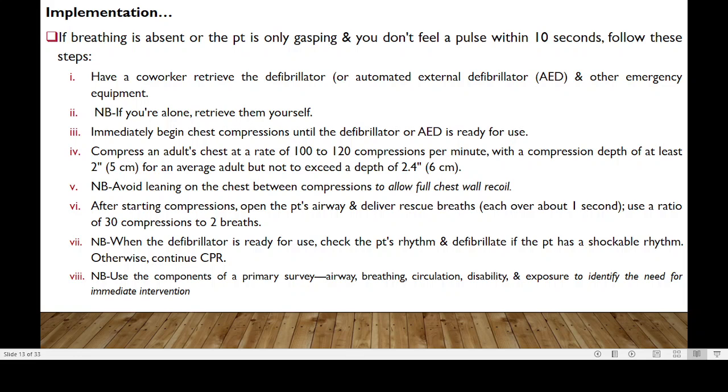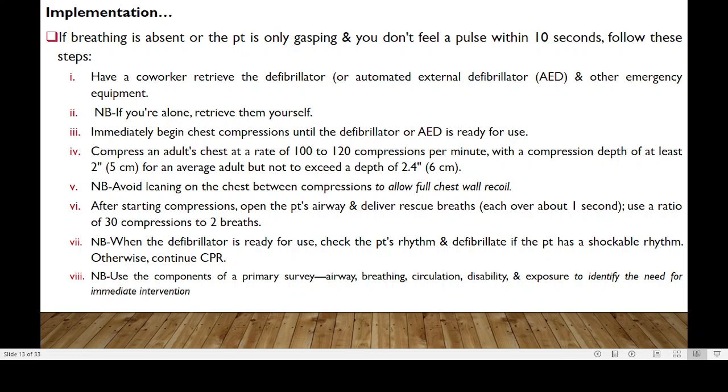You just follow these steps below. You have to have a helper who should help you retrieve a defibrillator and other emergency equipment. And if you're alone, you can retrieve them yourself. Immediately you begin chest compressions until the defibrillator is ready for use.